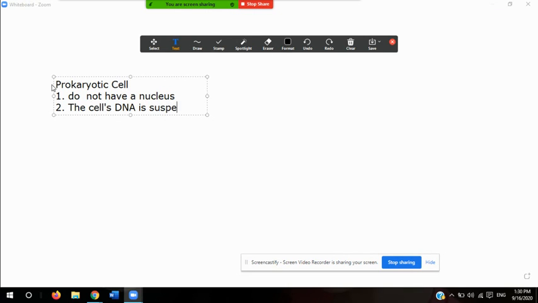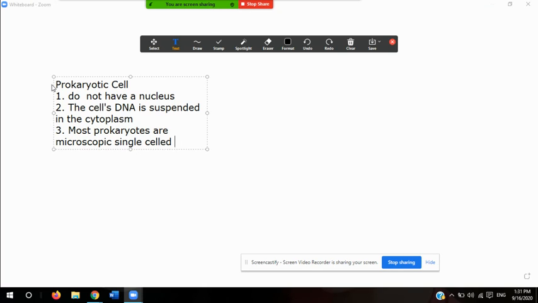And lastly, most prokaryotes are microscopic single-celled organisms.